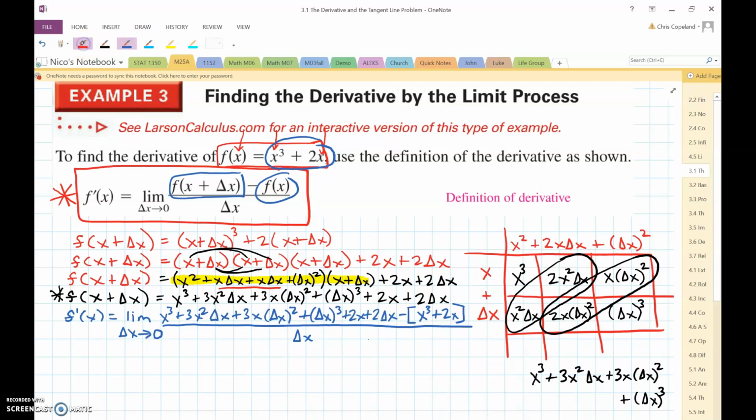Now notice here, x cubed minus x cubed, that would be 0. 2x minus 2x, that would be 0. So now this simplifies some.